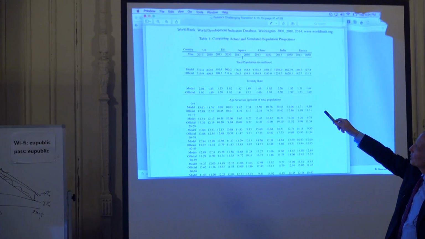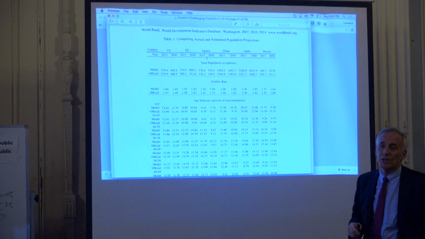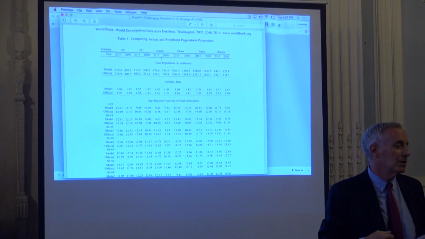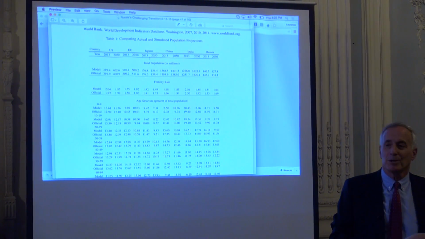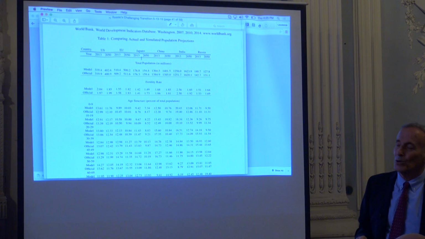The actual data is that there's 319.9 million people in the US right now. As I speak, we've got about 320 million people. Our model has about 320 million people in 2013. We're almost exactly on the nose.